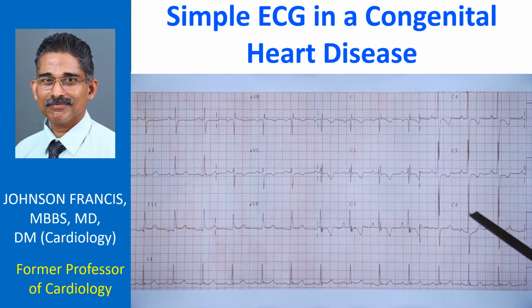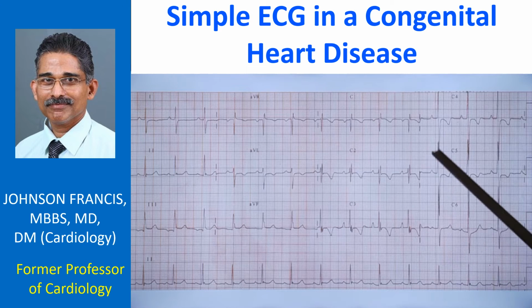But you can somewhat see that the R wave is from here to here with the overlap, and S wave is from here to here. This is the overlap region of the two tracings of V5 and V6. Similarly, there is overlap between V4 and V5 also.